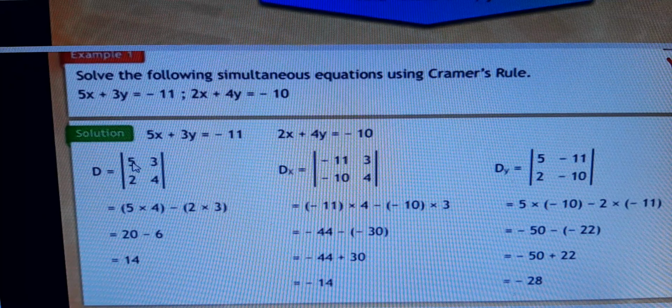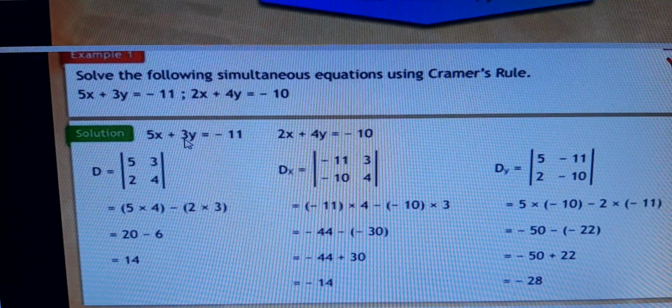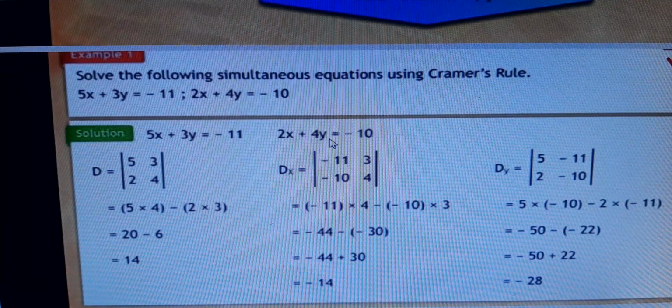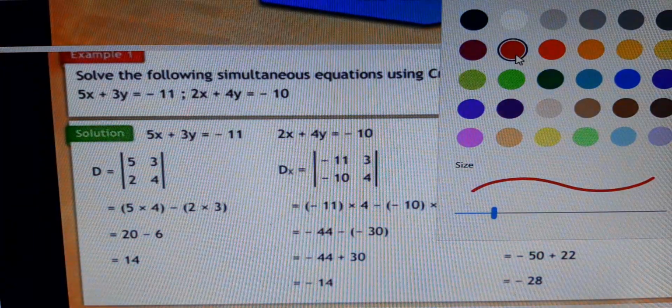Now cross multiplication. Now for Dx we can write 32. 32 means third number and second number: minus 11 and 3, minus 10 and 4. And for Dy we follow 13. How do we follow this? You have to remember the rule.